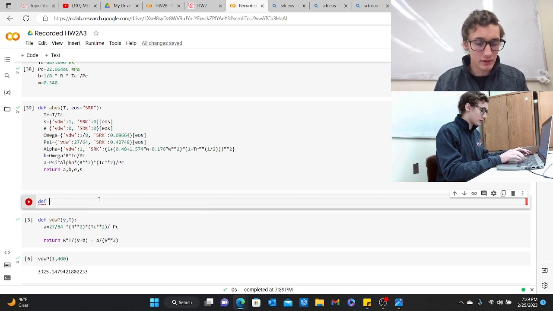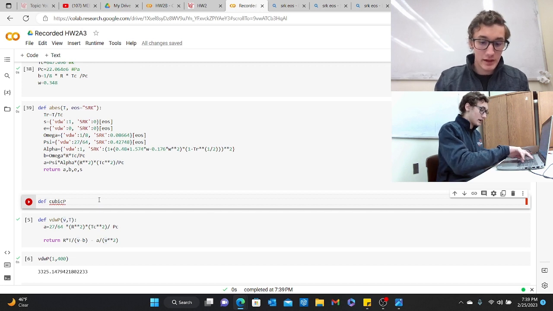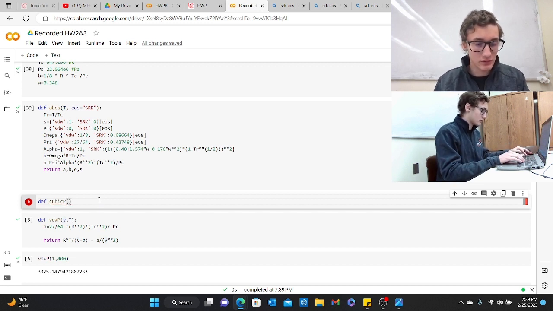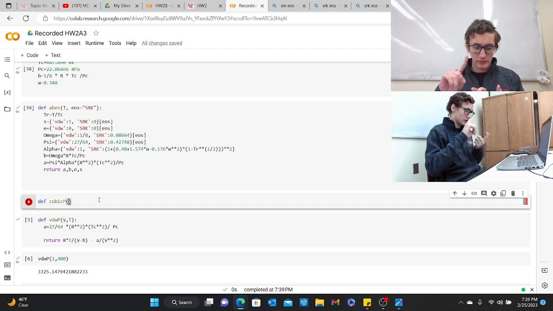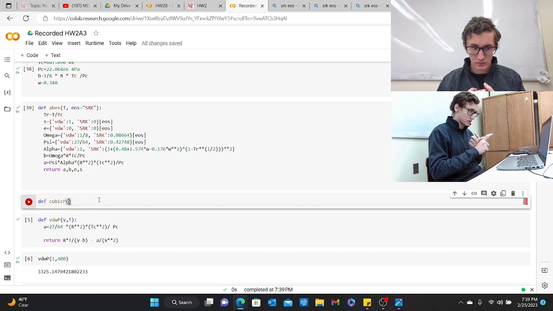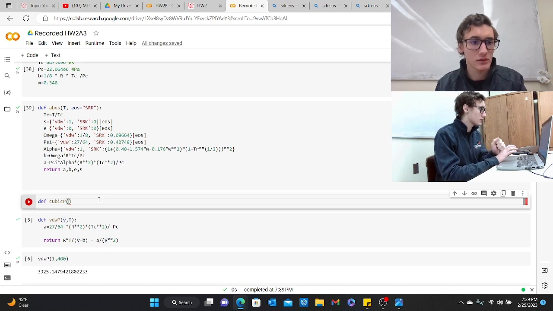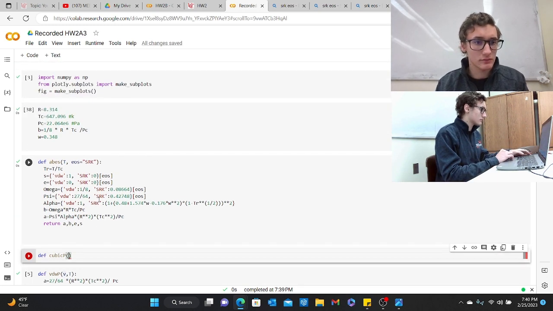So define, we're going to call this cubic P, and we're going to put in the volume, and then the temperature, and then EOS. Would you need to put in volume? Let's think.